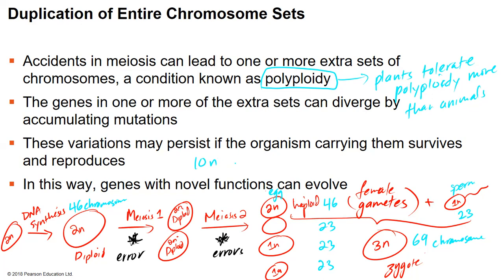Some types of kiwi contain 6N, or 6 sets of chromosomes. So 10N means we have decaploid. Deca means 10. 6N means hexaploid.